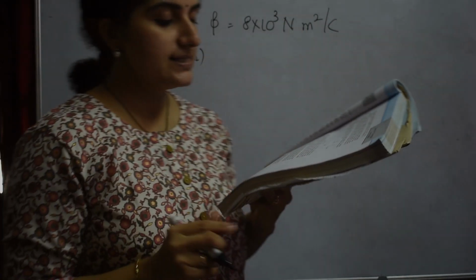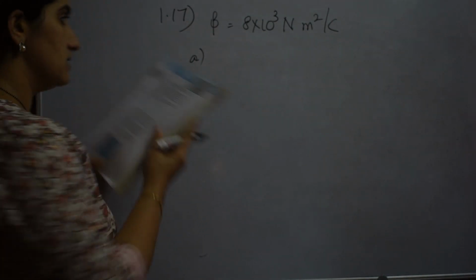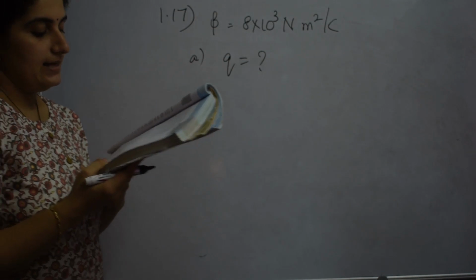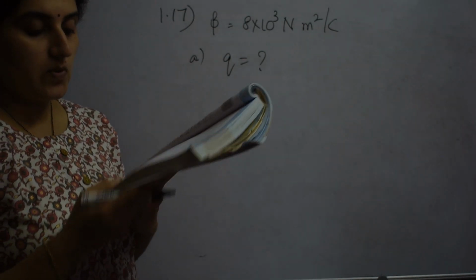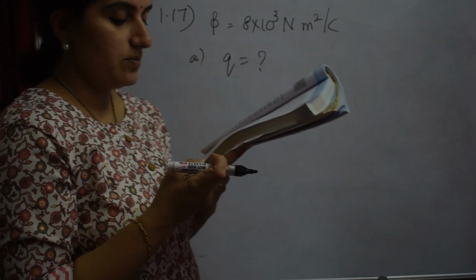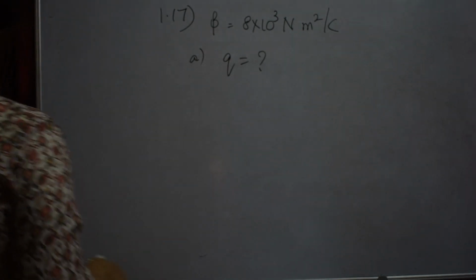Again you have two parts. What is the net charge inside the box? Net charge, Gauss law. Second part is, if the net outward flux through the surface of the box were 0, could you conclude that there were no charges inside the box? Why or why not? Again the simple one.